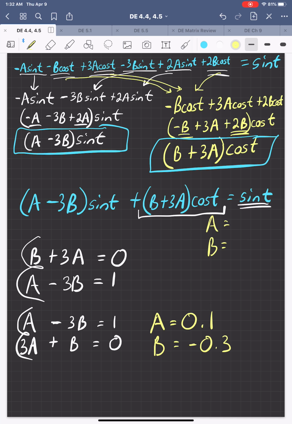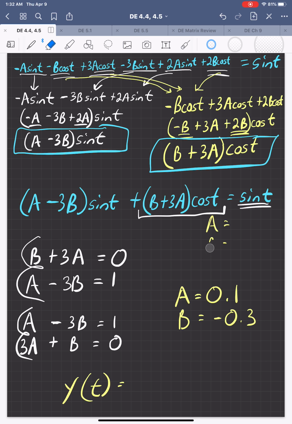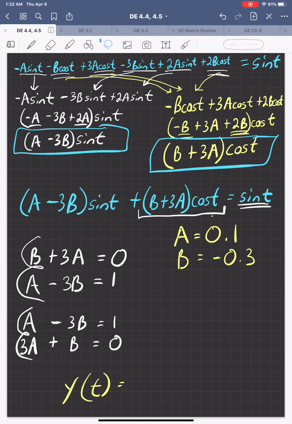If you have that, then it would work out perfectly. So what is your answer? So y of t. Remember, once you know what to plug in for a and b, sometimes you get confused and start thinking, wait a minute, I now know what a is and what b is, but where am I going to plug them in?